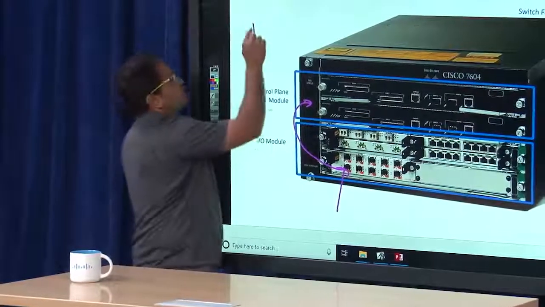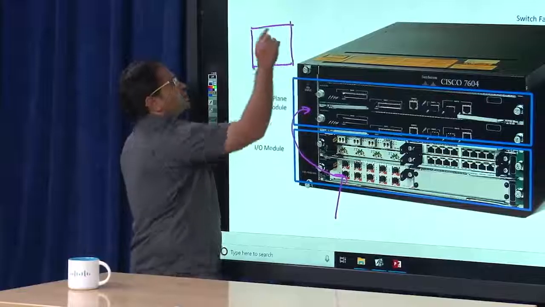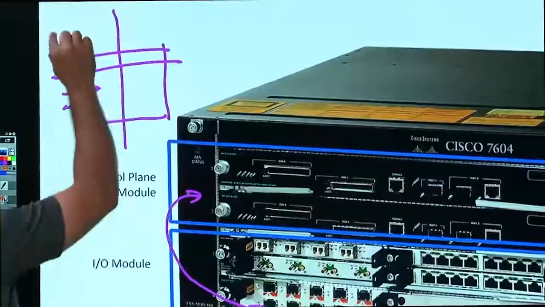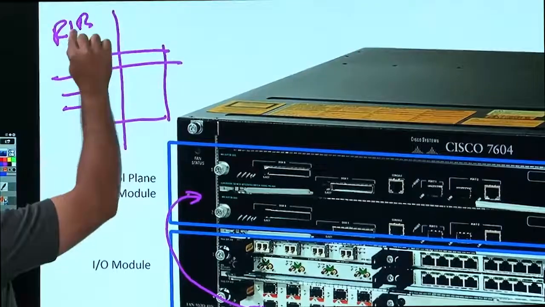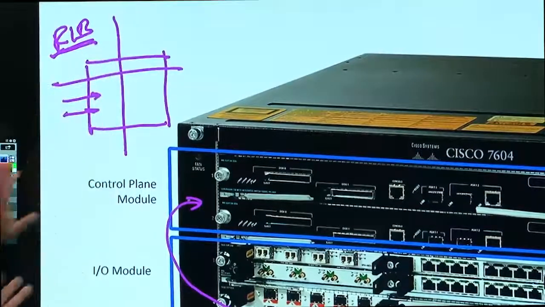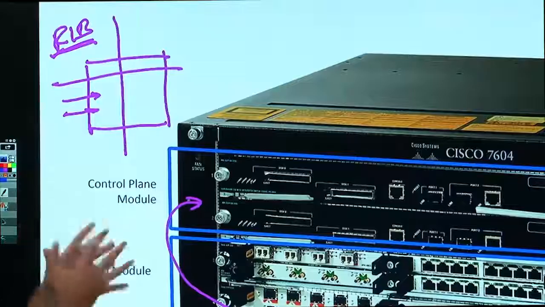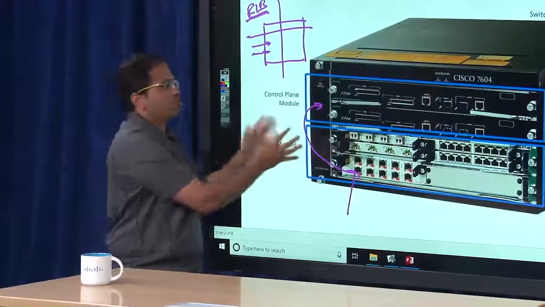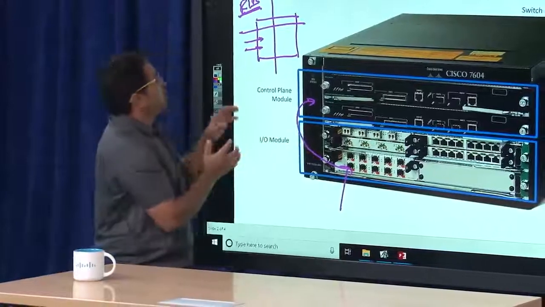The CPU then builds up a table of routes called the routing information base. This is an unpruned routing table. It basically has all the possible routes that this box has received from the network.